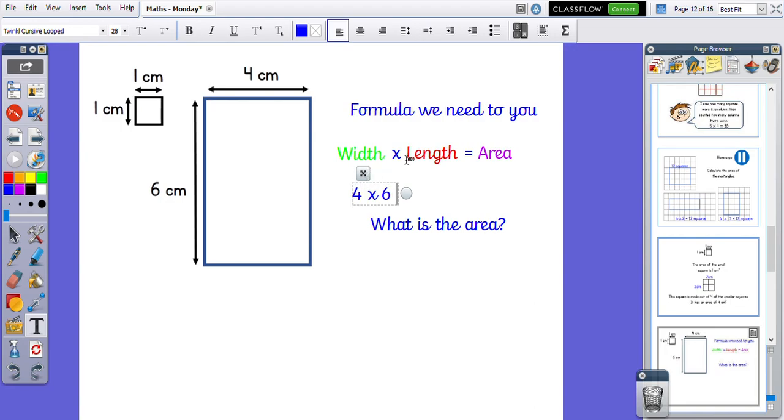So I'm using my formula, the width times the length. And that was going to give me 24. And it's measured in centimetres, so I need to remember to put that unit in, and I need to remember to make it squared. Okay, because remember, we're using 2 dimensions. So the area of my shape is 24 centimetres squared.